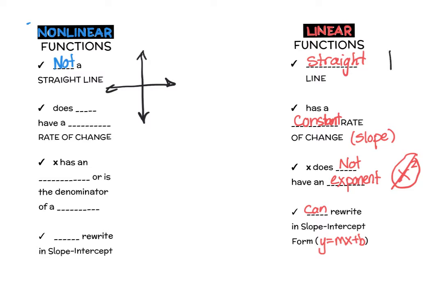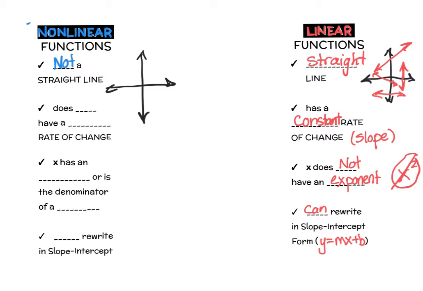For linear functions, it looks like a straight line that can be going up. So we might have a straight line like this. We can also have a vertical line, right? We can also have a horizontal line, or we can have a negative slope line as well. So any of these would be examples of linear functions, right?